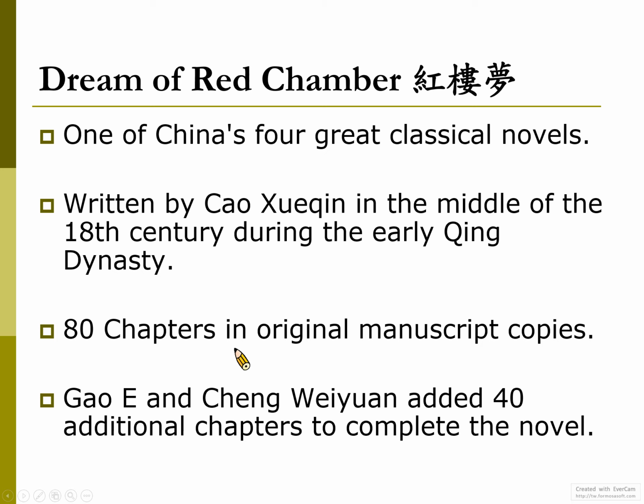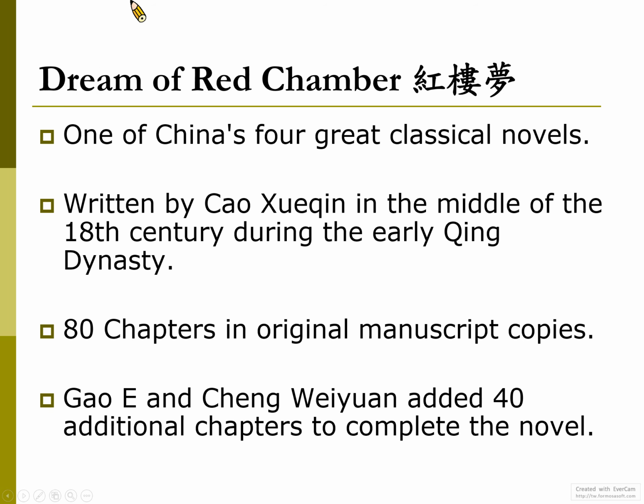Later on, two scholars claimed that they found the other 40 additional chapters in the market, and they tried to do some editing on these 40 chapters, and then claimed that they completed the novel. So Gao E and Cheng Weiyuan claimed that they found the 40 chapters by Cao Xueqin, and they tried to do some editing.